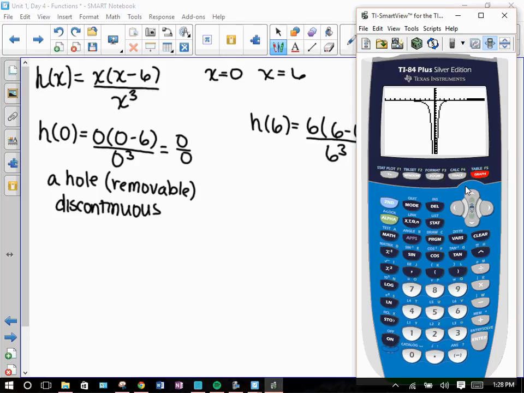I'm still going to call it, because there's a hole there, a removable discontinuity.